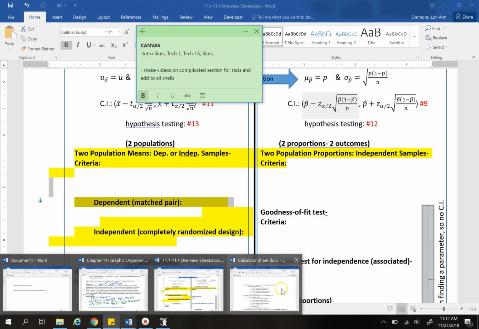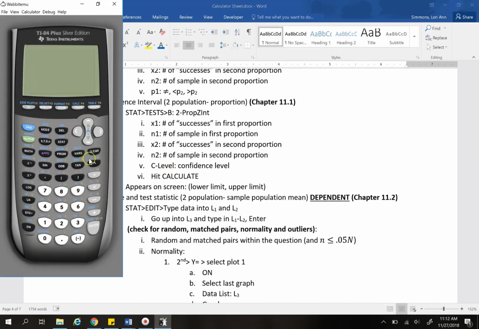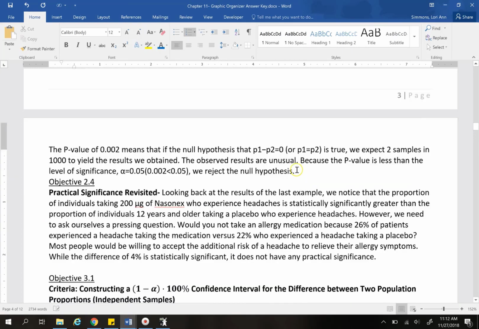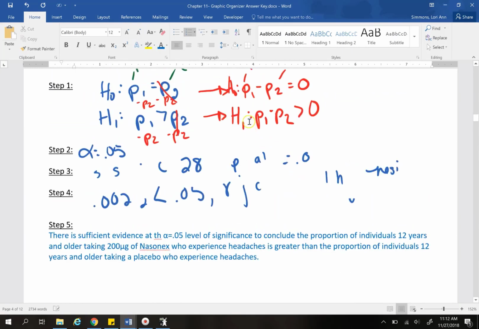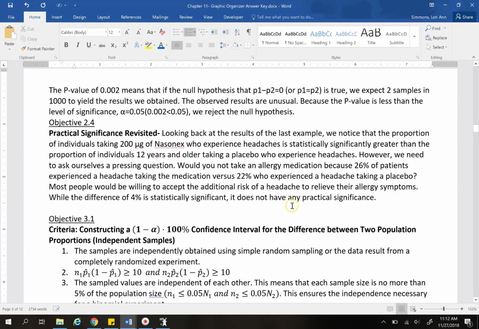So our number 15 here. Stat test option B. X sub 1 again goes with P sub 1, which is the first one here, 2017. If you weren't sure, you could go back up here. P sub 1 is the first one, and then P sub 2 is the second.